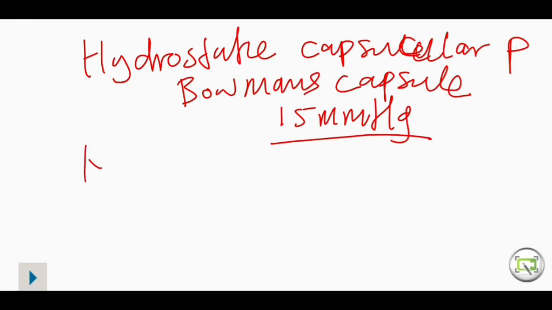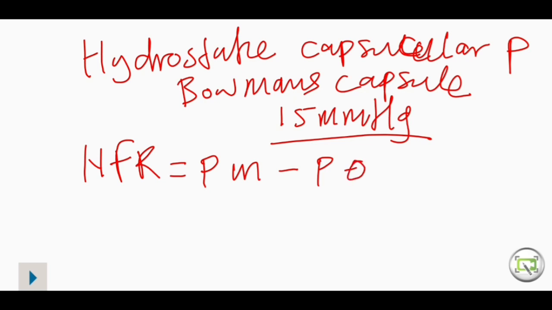From this we can find the net filtration pressure, which can be calculated as the pressure that pushes the glomerulus minus the pressure that pulls on the glomerulus.